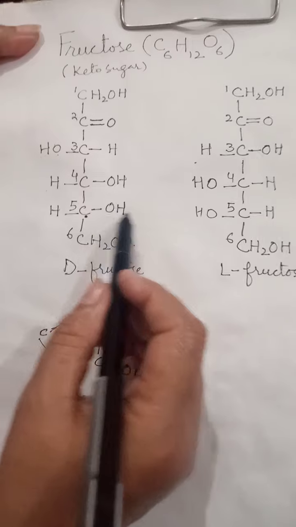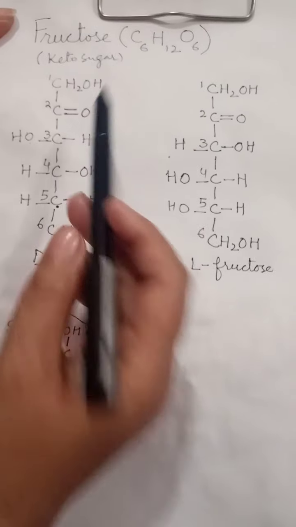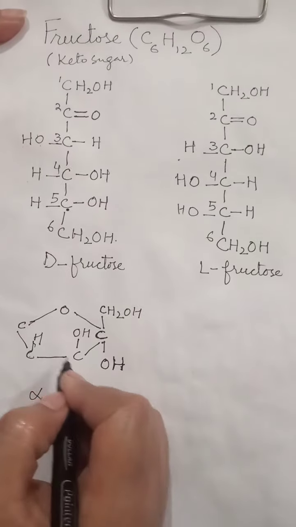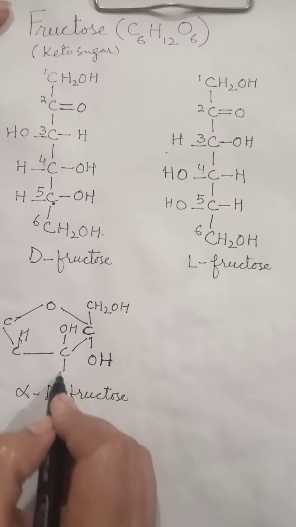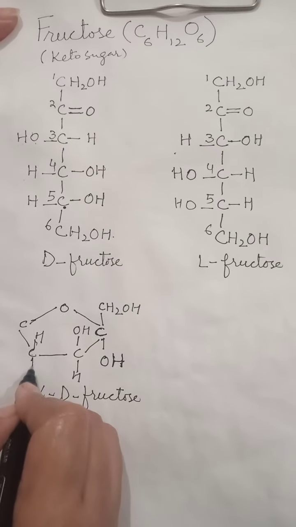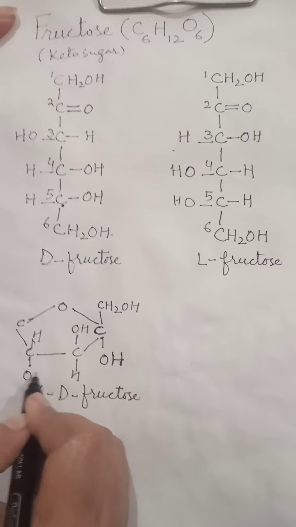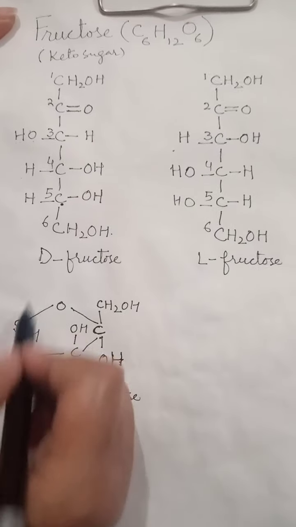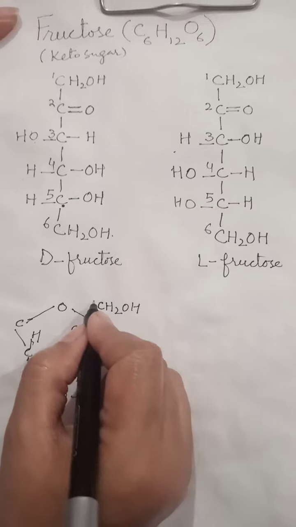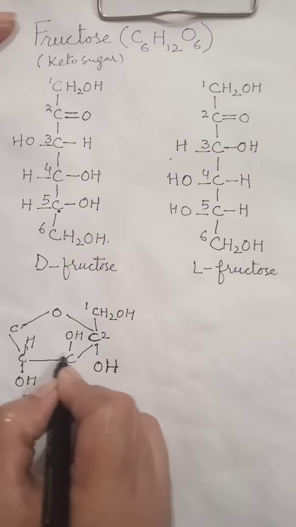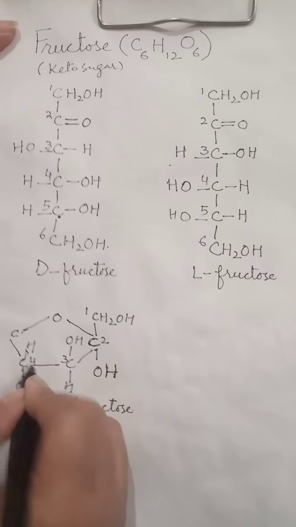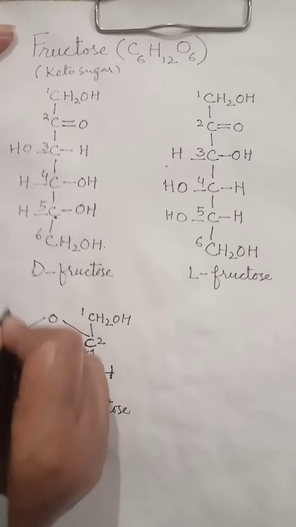Carbon number 5 is making a link with carbon number 2, so that case will be different. Then hydroxyl, and opposite of it hydrogen, again hydroxyl. This is carbon number 1, this is 2, this is 3, 4, and carbon number 5.